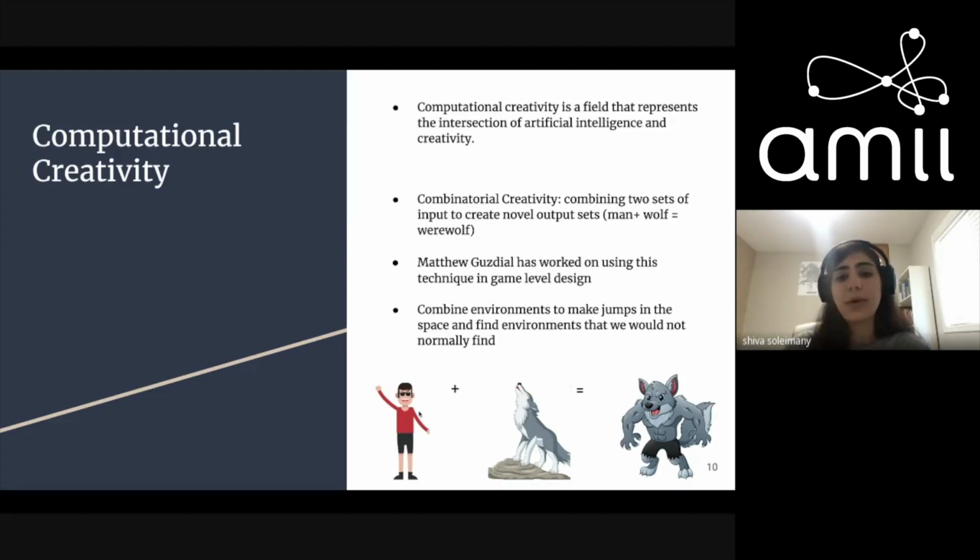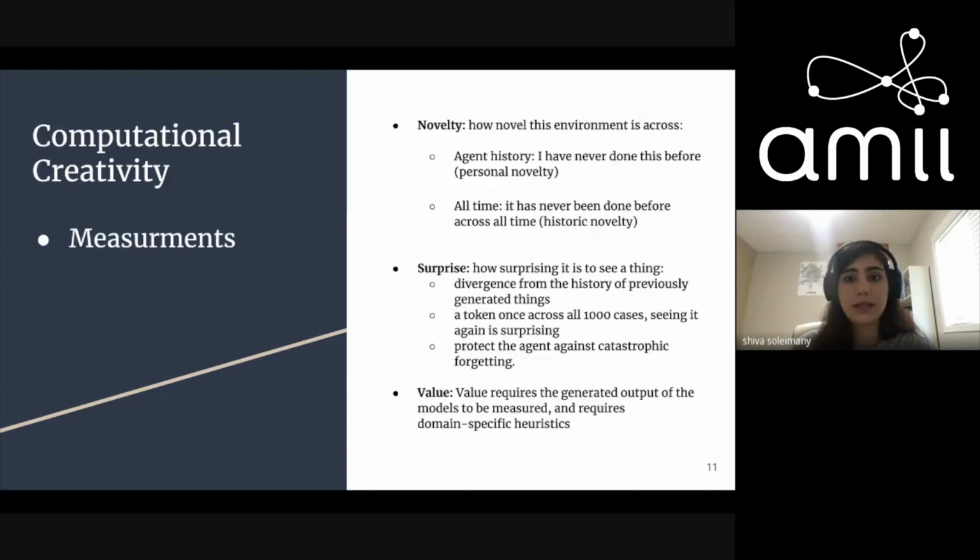For example, combining the concept of man and wolf would give us the concept of a werewolf. Professor Matthew Guzdial has previously worked on using combinatorial creativity in order to design different game levels, and we hope to use this combinatorial creativity in order to design different environment settings.